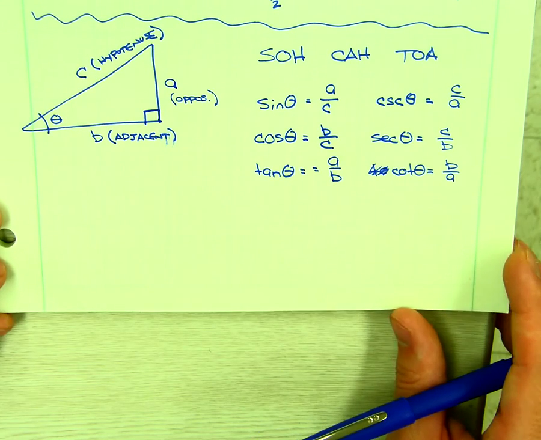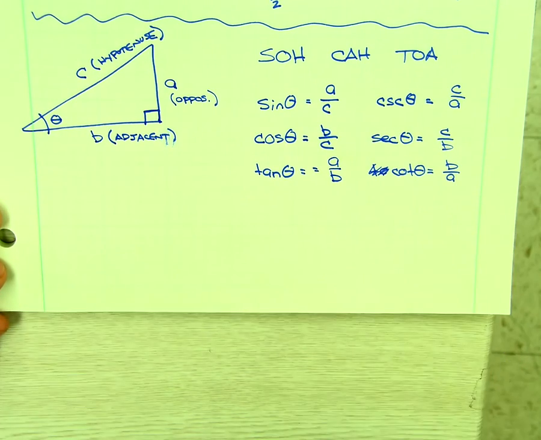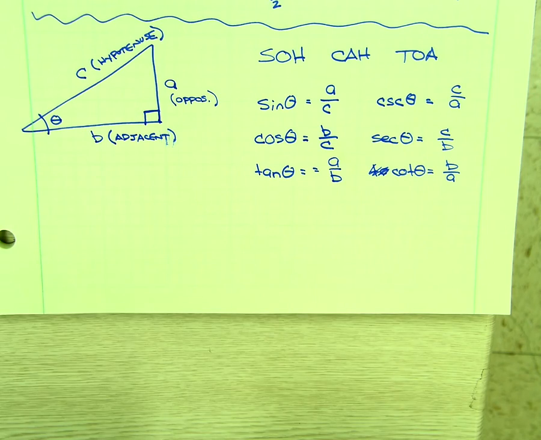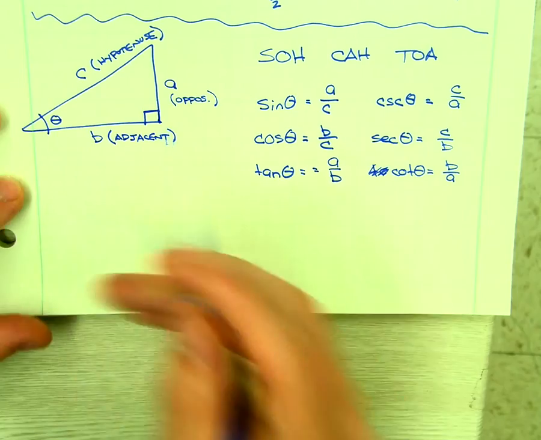Now, what use can I do with this information? I'm going to give you a triangle, and I want you to figure out what each of the 6 trigonometric functions are in this example. So let me go to a fresh page here so we've got lots of room. Example 1.